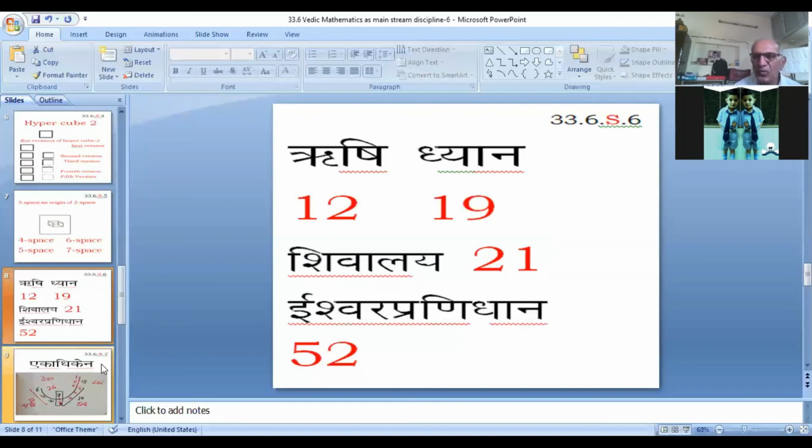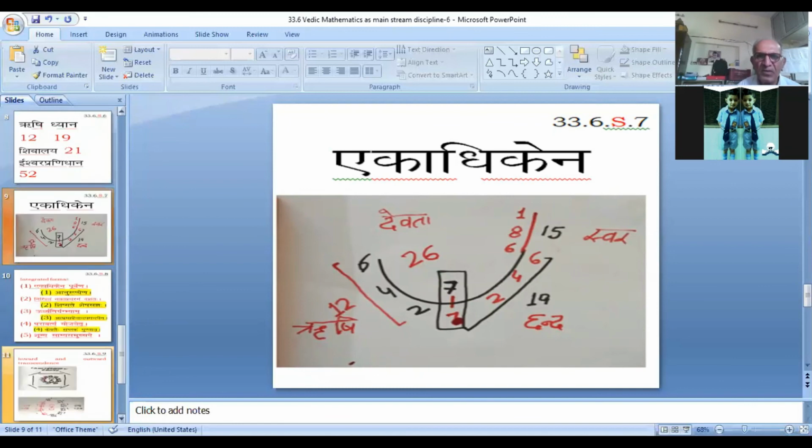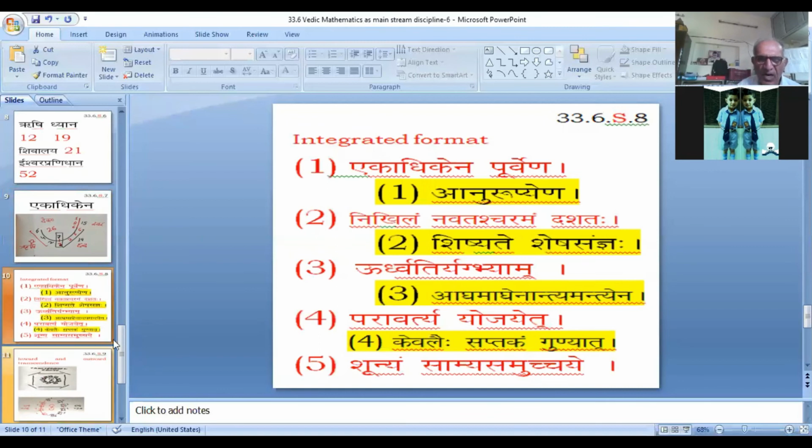With it, one will be having a full glimpse of the formulation Ekadike, and it is the glimpse, the reach, the organization format of the formulation Ekadike, which will help the sadhakas to be parallel with the integrated format of the Ganita Sutras and Sutras.